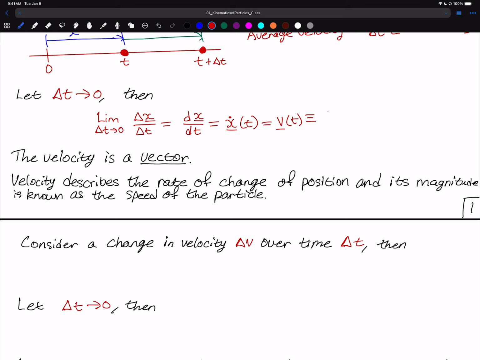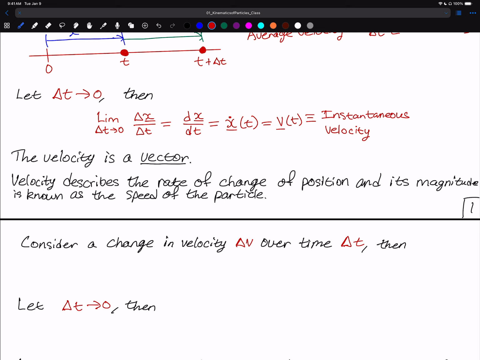And these are known as the instantaneous velocity, which is a function of time. That's why it's instantaneous, versus before we just looked at the average velocity. So the dots here represent derivatives with respect to time.